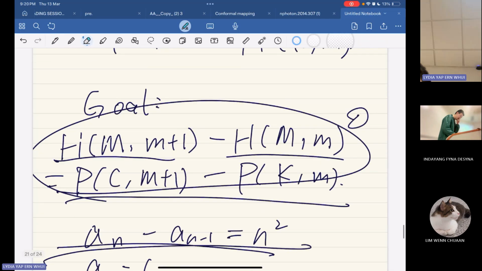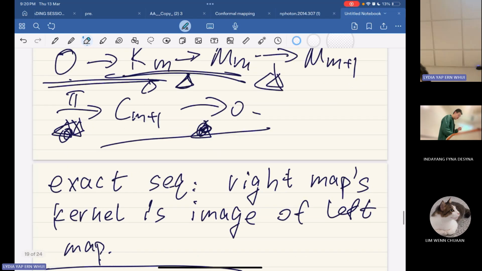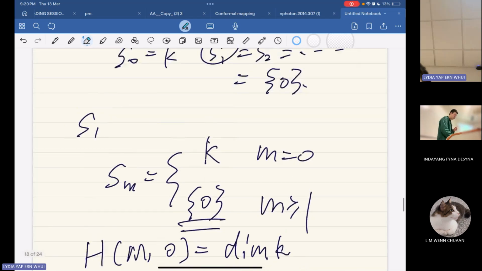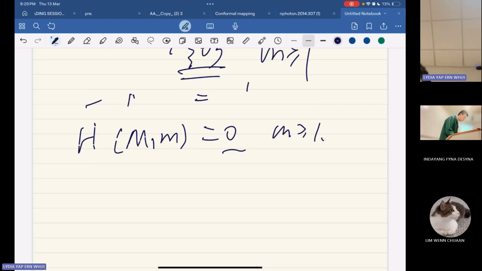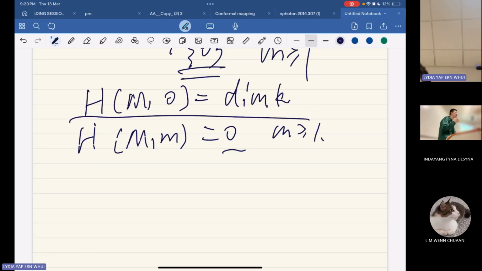Why do we need this sufficiently large condition here? Because we see that in our base step, there is one term that is not a polynomial, which is the first term, right? We see here H_M(0) is equal to dimension of k, which is not 0, right? This is not a whole polynomial, but it's a polynomial without the first term.